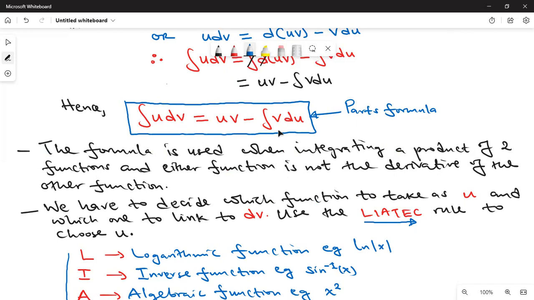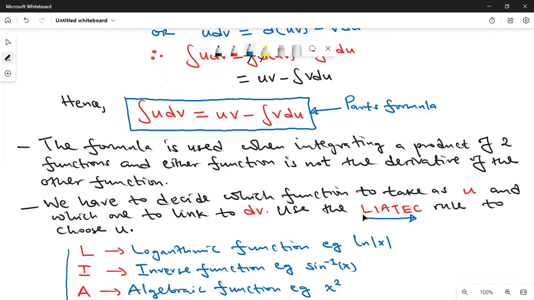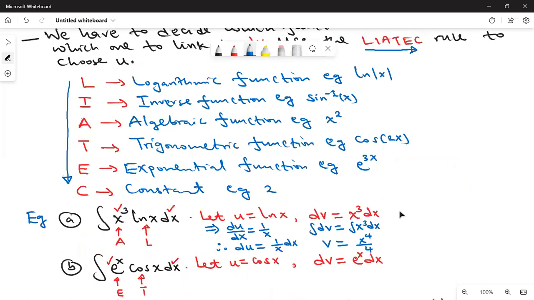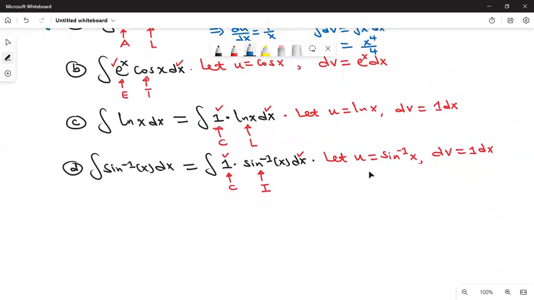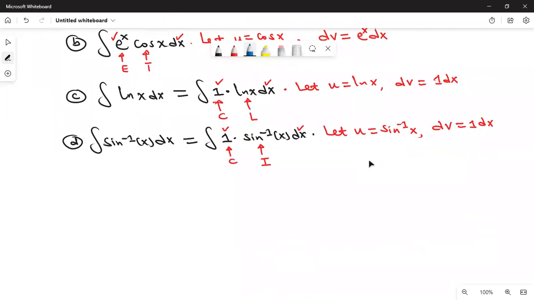I'm going to explain using an example so that you can understand that concept better. And a point you need to take note of: in some integrals, these LIATE rules might fail. So I want us to take note of that.